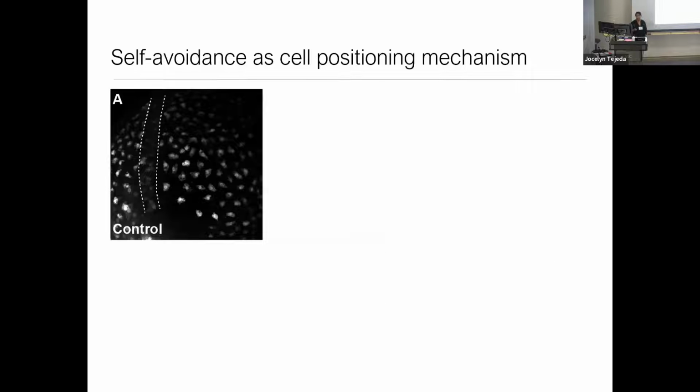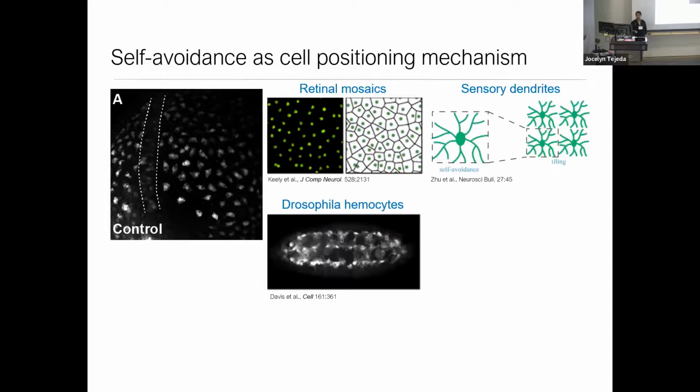Okay. So this was really interesting to me because it reminded me of a bunch of other contexts in which cells have this very regular arrayed spacing. Things like cells in the retina making retinal mosaics, the highly ordered tiling of dendrites of sensory neurons in the skin, and the highly ordered placement of hemocytes or blood cells in the Drosophila embryo.